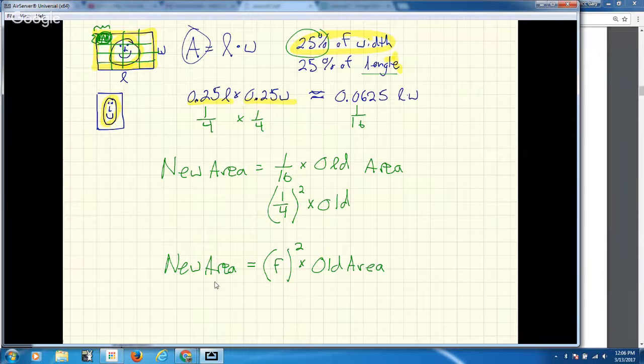Each little rectangle has the same proportions as the big rectangle, and there's 16 of them. So this little one is definitely 1/16 of the big one. So we have to square our reducing or multiplying factor in order to compare length to area. And that's a classic example of working with a power function, or in this case, quadratic.